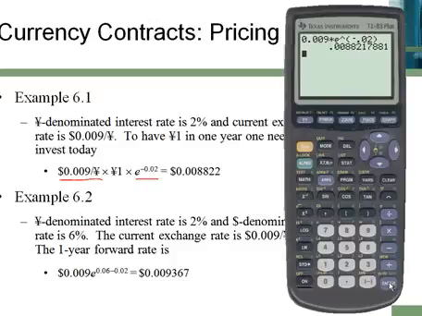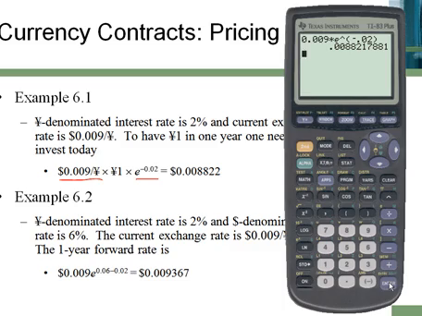So if you took that amount of money and then converted it into yen and then invested it in a Japanese money market account over a year's time earning 2% continuously, then you would in fact end up with exactly 1 yen a year from now, which was what you had in mind with a prepaid forward contract.